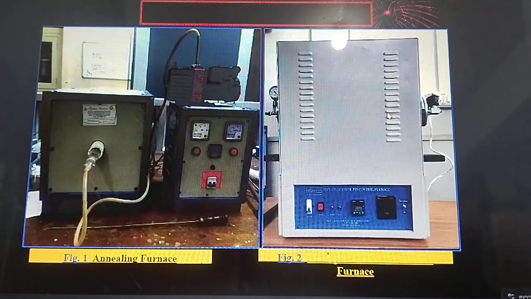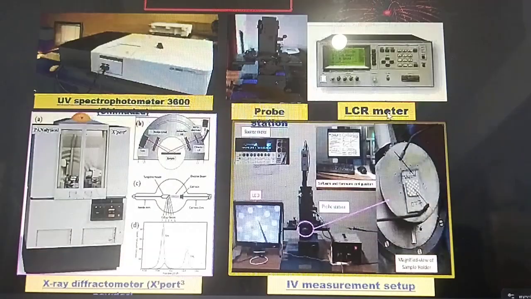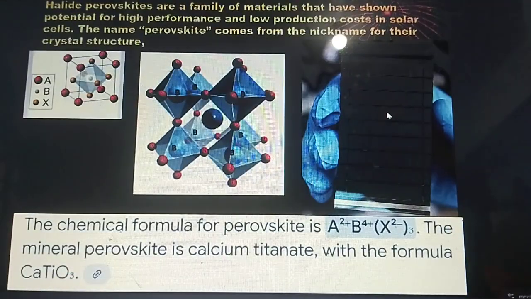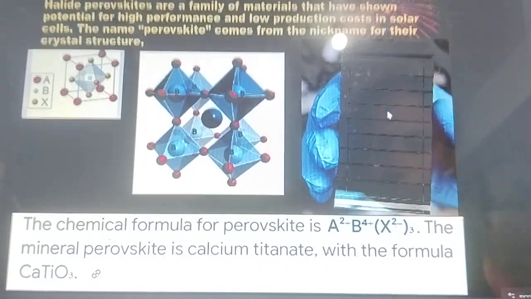Then we anneal it to grow in a particular phase. Then we characterize: X-ray diffractometer, spectrophotometer, CV measurements, IV measurements, probing, and a CCD scope, you can see on the monitor, you can have automated characterizations. Then of course perovskites, which I won't touch because I have taken a lot of your time.